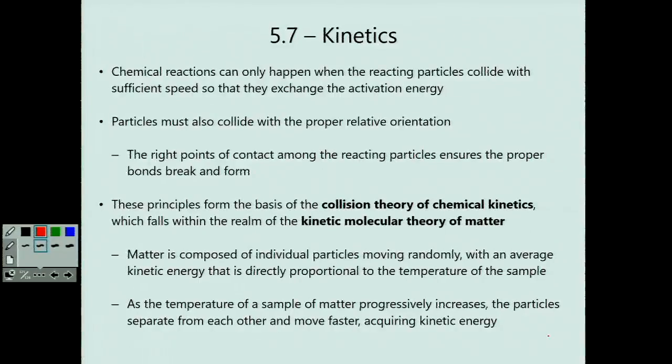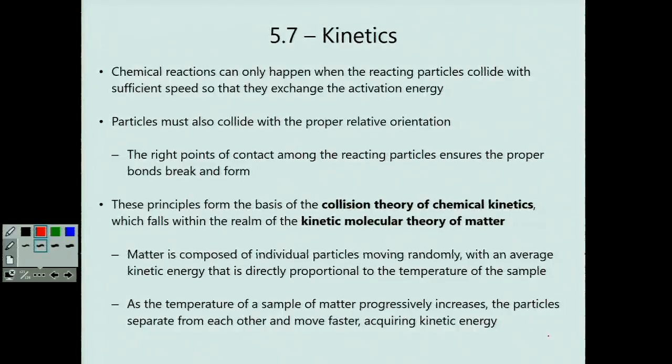So because the entire premise of fast versus slow involves collisions between particles, this forms the basis of what we call the collision theory of chemical kinetics, which in fact falls within the larger umbrella of what we call the kinetic molecular theory of matter, which simply explains how matter behaves.